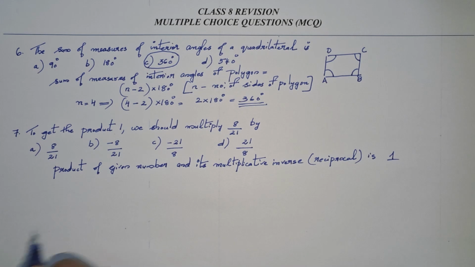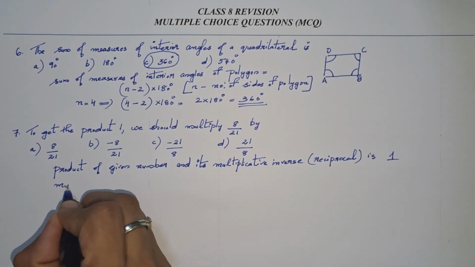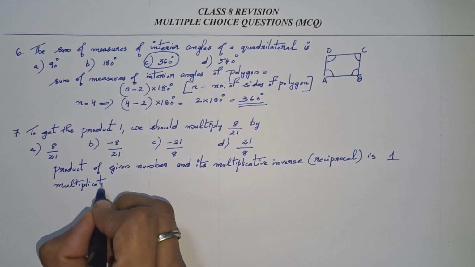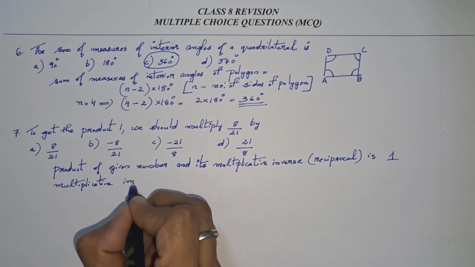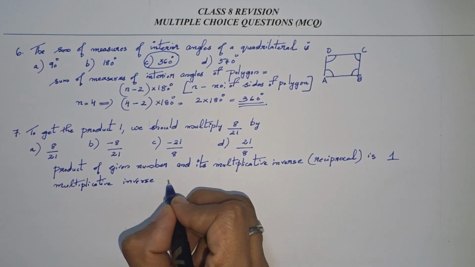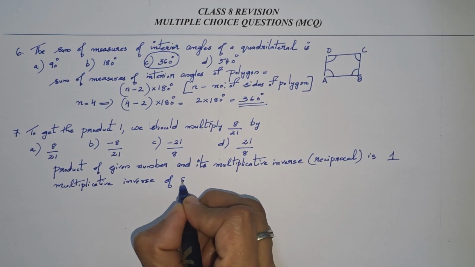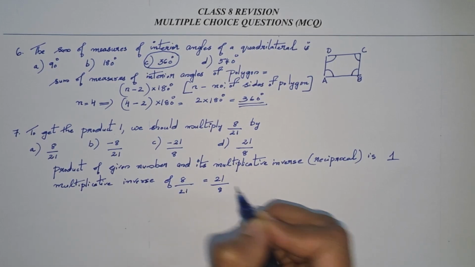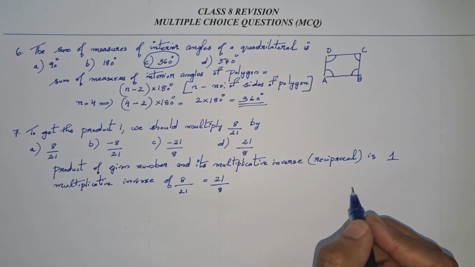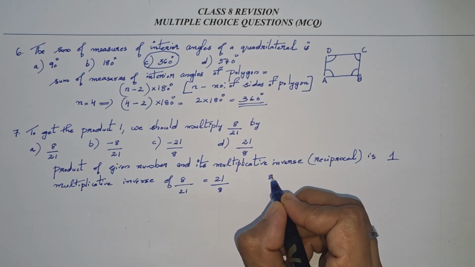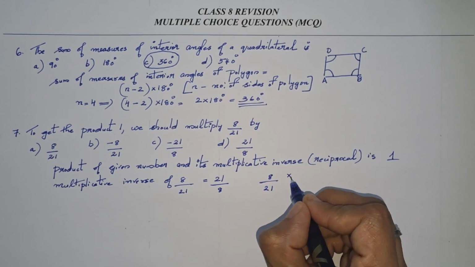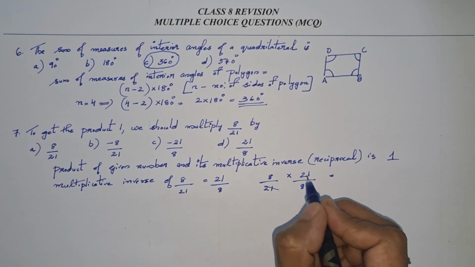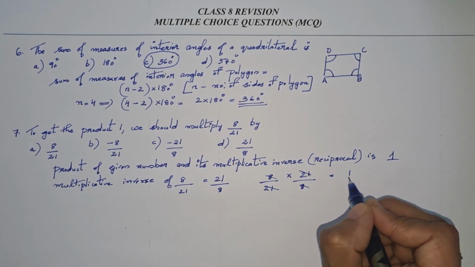The number is 8 by 21. Its multiplicative inverse is 21 by 8. So 8 by 21 needs to be multiplied with 21 by 8 so that we will get 1.